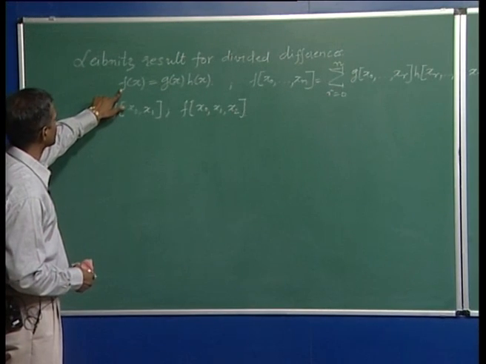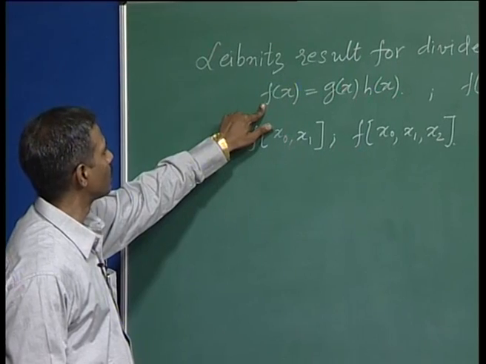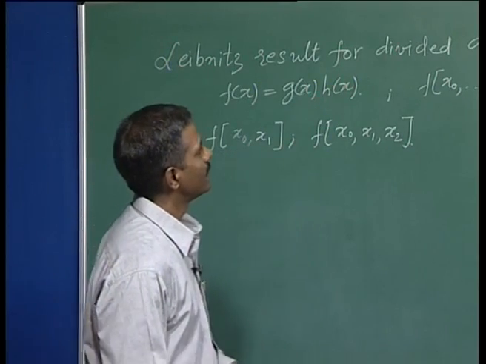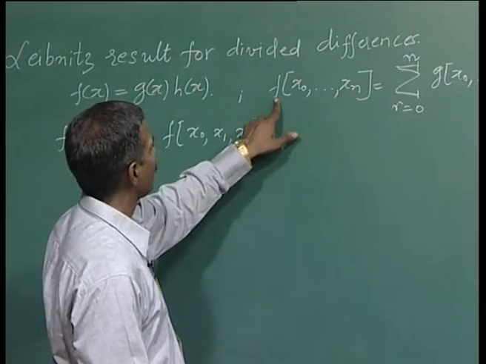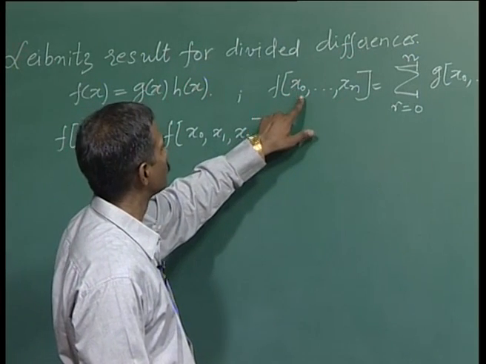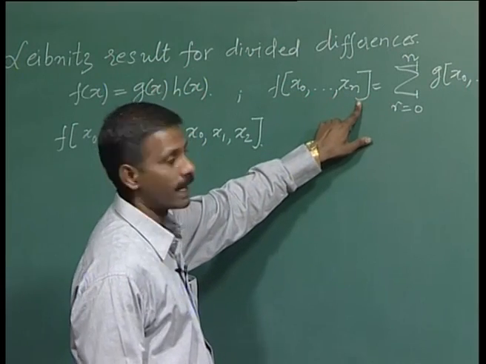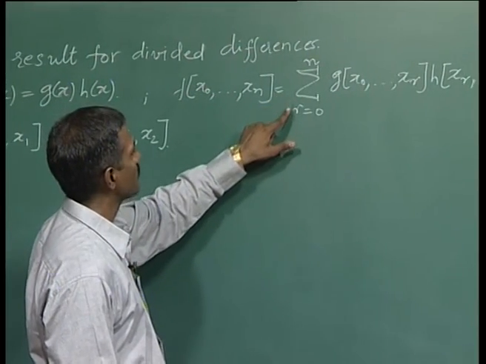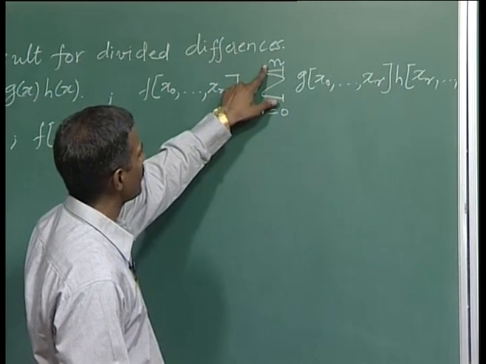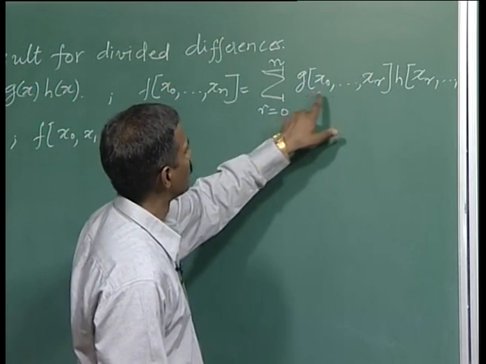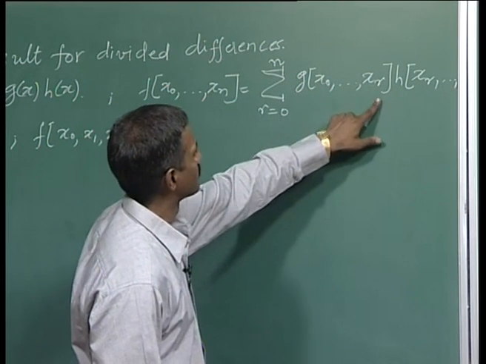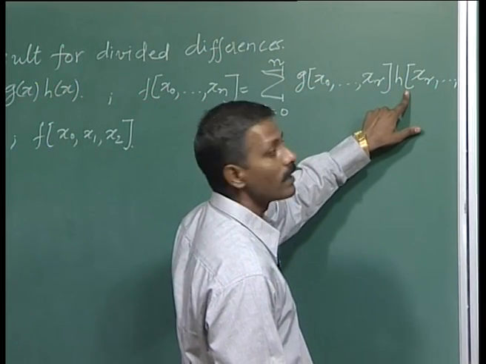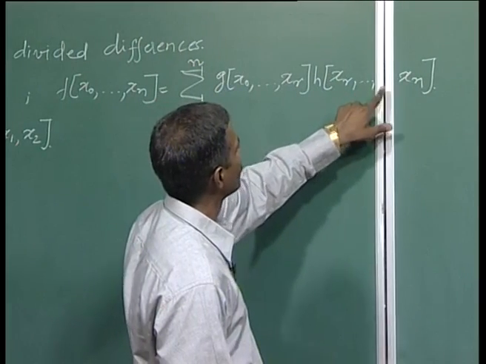Given a function f of x, and if that function can be written as a product of two functions g of x and h of x, the nth divided difference f[x0, x1, up till xn] is given by summation index r going from 0 to n, the rth divided difference of g, that is g[x0, x1, up till xr], times h[xr, xr+1, up till xn].